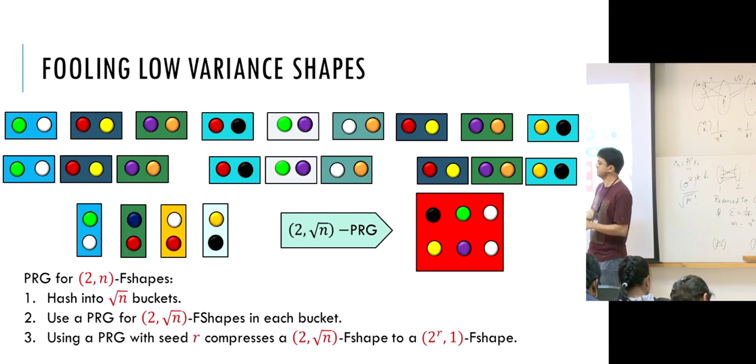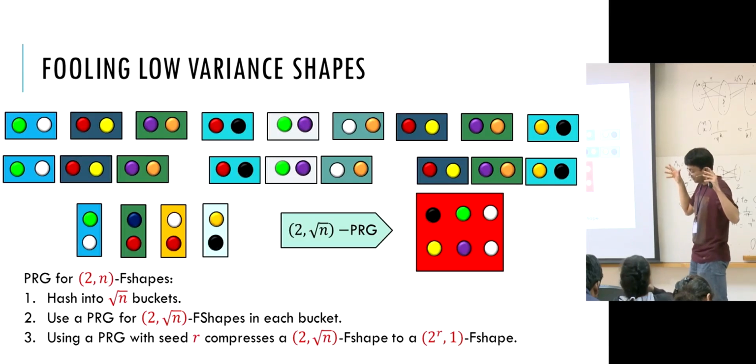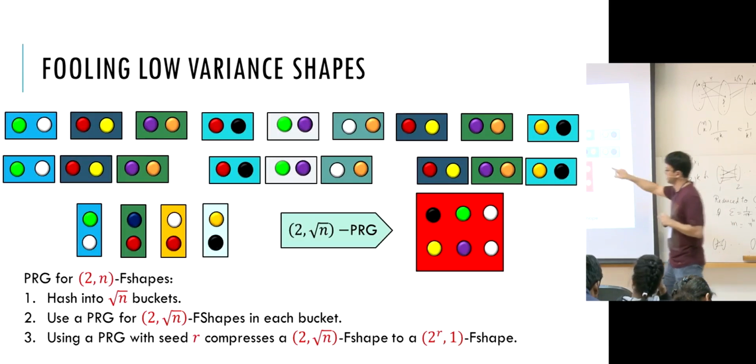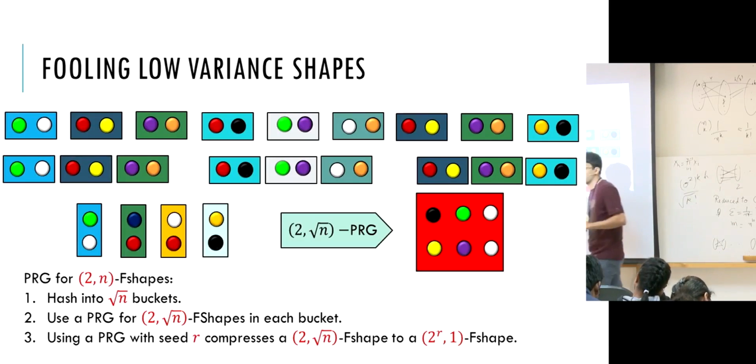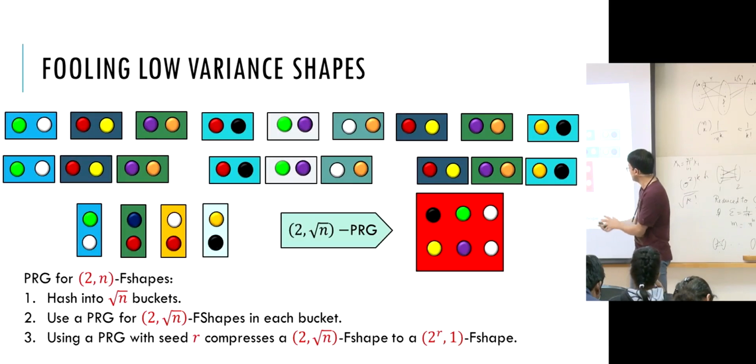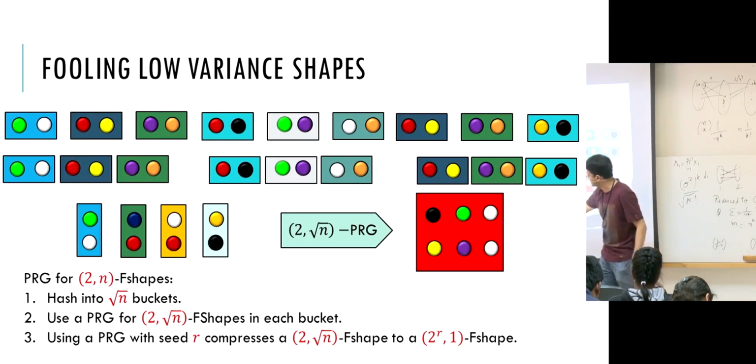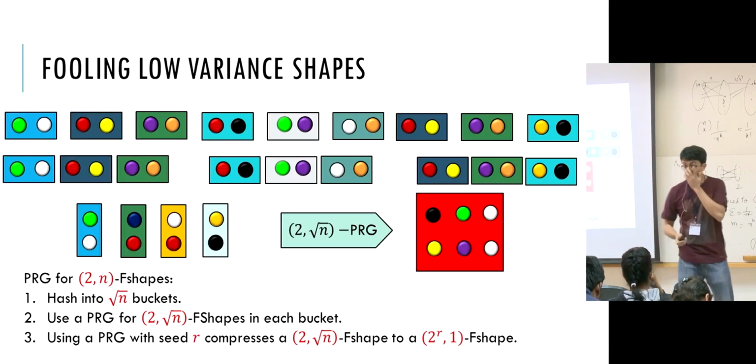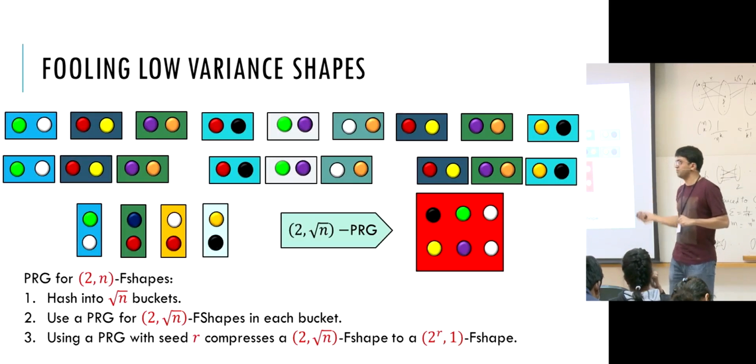Okay, next seed, next complex number, next seed, next complex number, and so on. In essence, this generator took root n Fourier shapes. So it took these root n coordinates and compressed them into one coordinate, but it blew up the alphabet size. The alphabet size became 2 to the r, where r is the seed length for the PRG for root n dimensional shapes. Okay. And now I have these root n buckets, right?